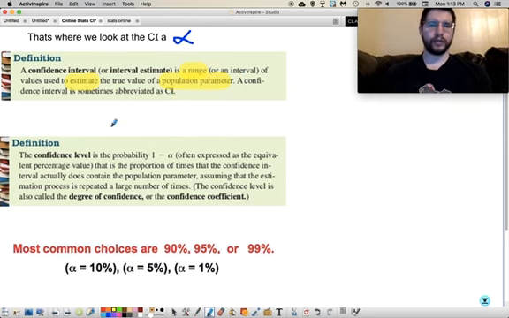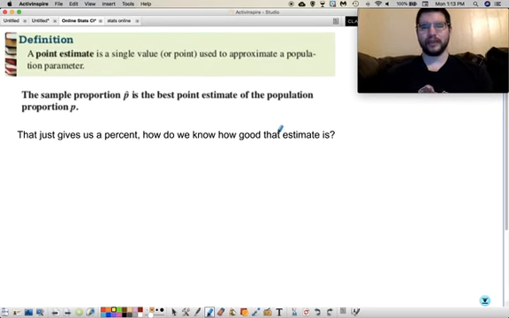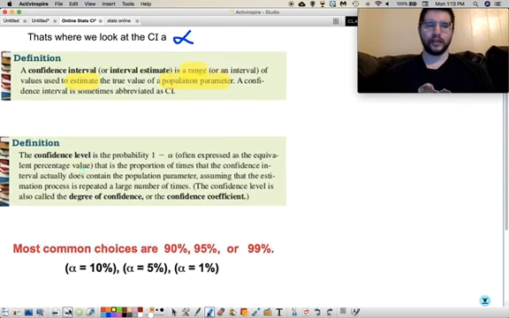Now, directly related to that is the confidence level. That's how sure are we? On the last thing, we had the point estimate, which didn't tell us how good that estimate was. The confidence level tells you how good your estimate is. It is 1 minus alpha. We'll talk about alpha in a second.